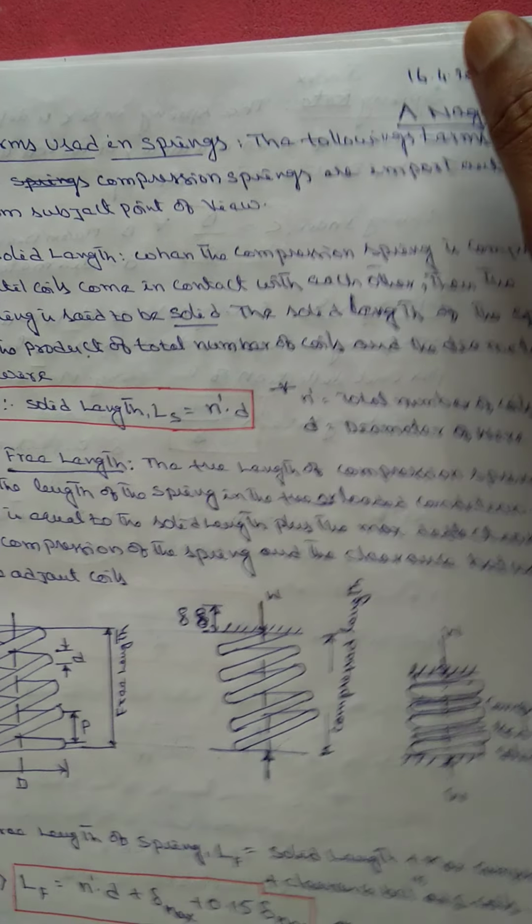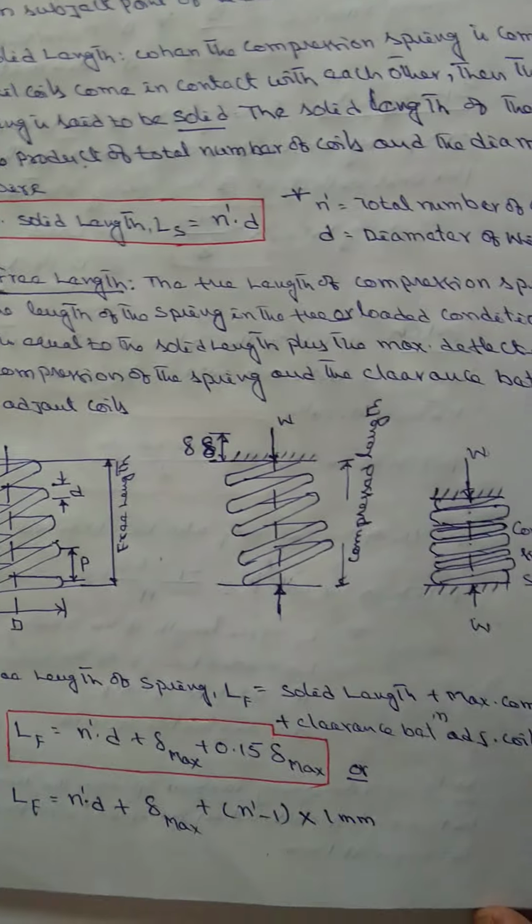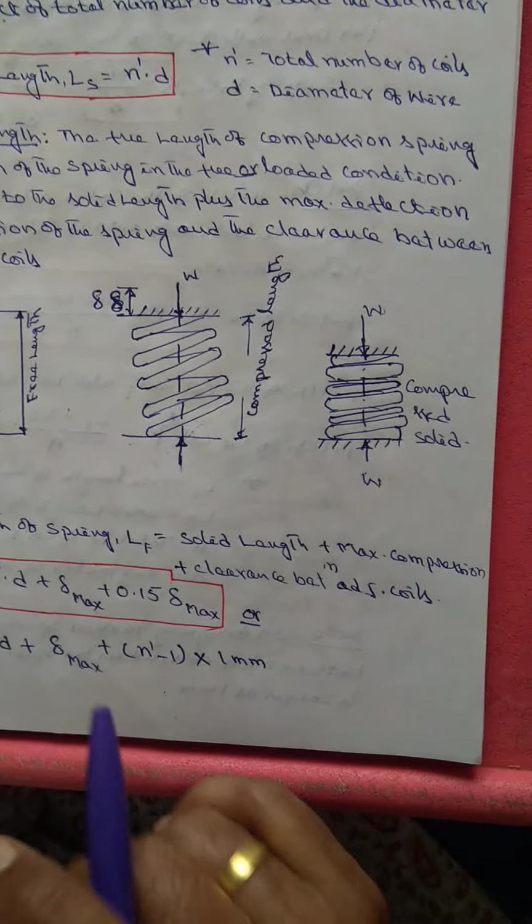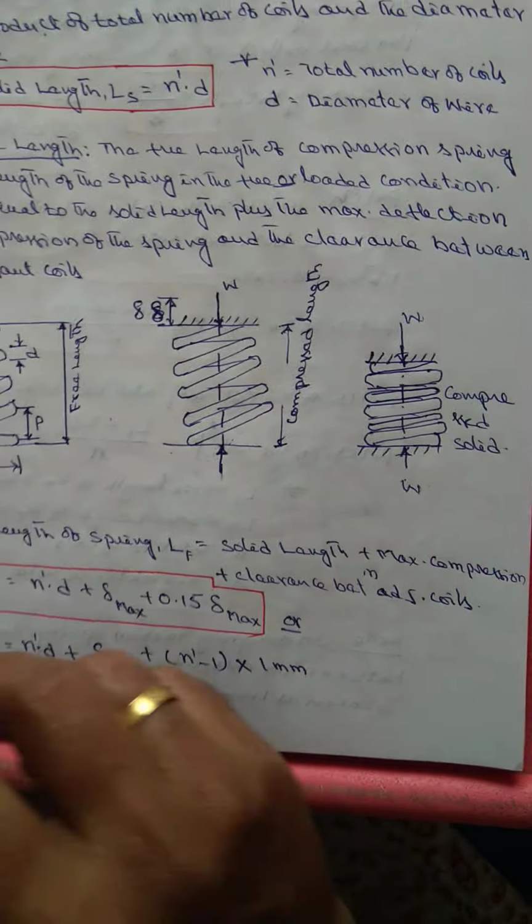The second terminology is free length. What is free length? I have given three figures there, A, B, C. The free length of the compression spring in the free, unloaded condition is equal to the solid length plus maximum deflection of the spring. Mathematically, LF, the free length of the spring, is equal to solid length plus maximum compression plus clearance between the adjacent coils.